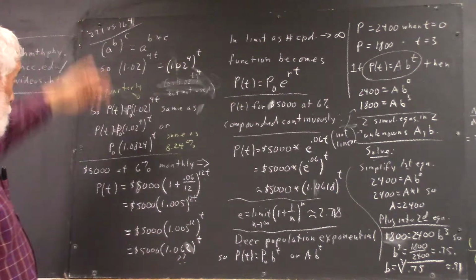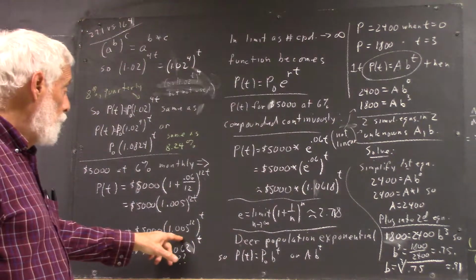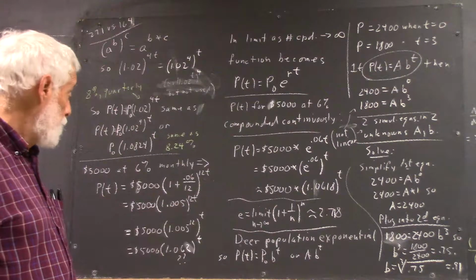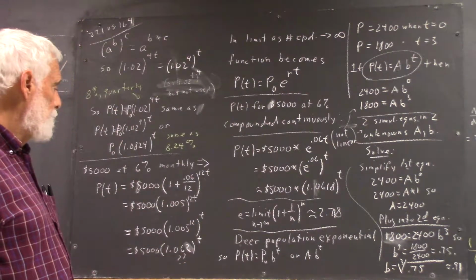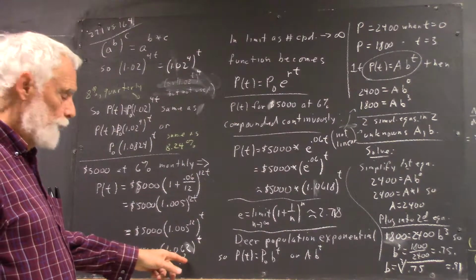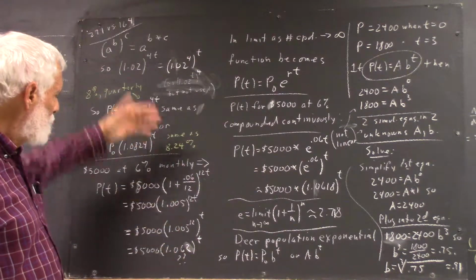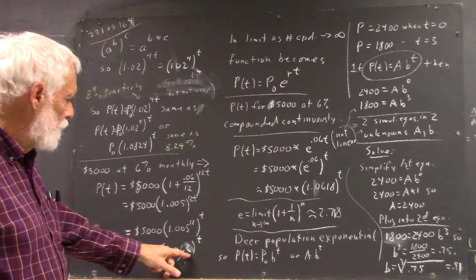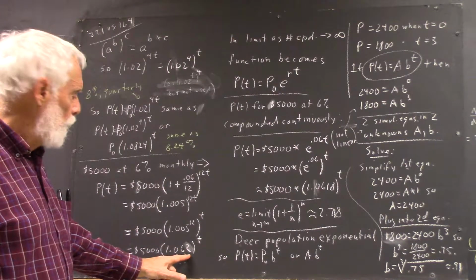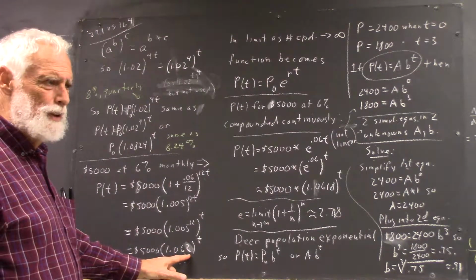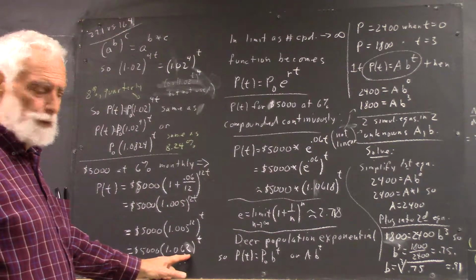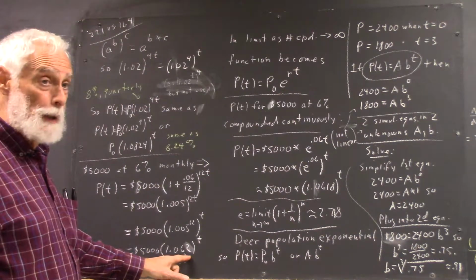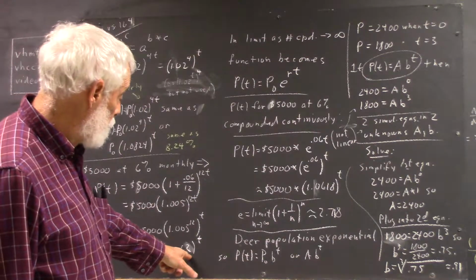But then using this, that's 1.005 to the 12th raised to the t. And 1.005 to the 12th, I estimated it was about 1.062. And I said, no, compared to this, it should be a little higher, and I boosted it all the way up to 1.0064. And then somebody said, no, it's 1.0061. Well, it turned out that it had another significant figure, and it rounded off to my original estimate, 1.0062.